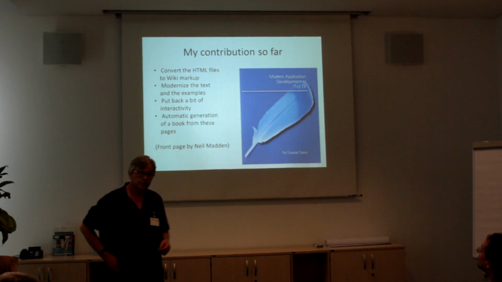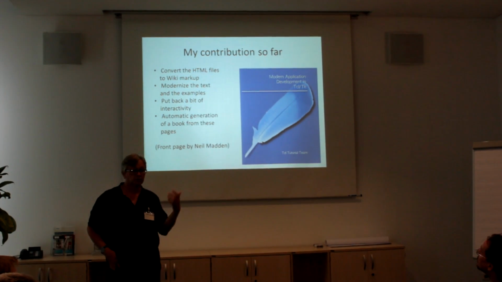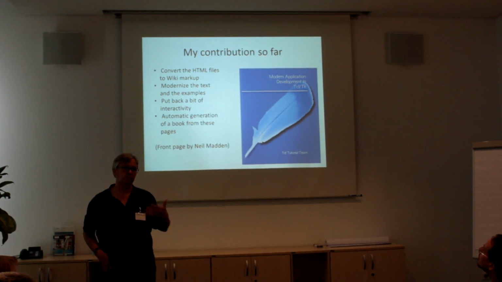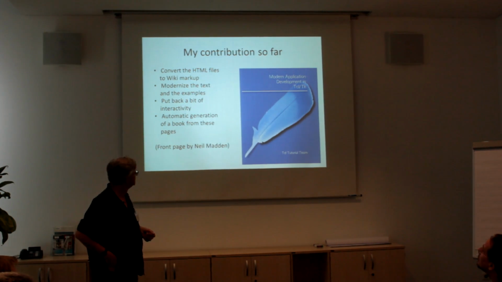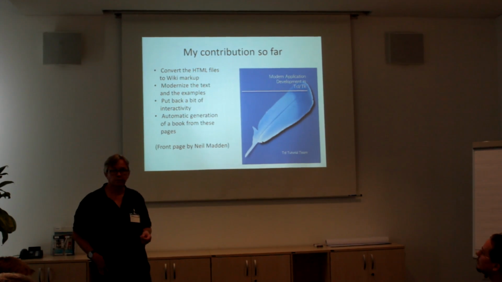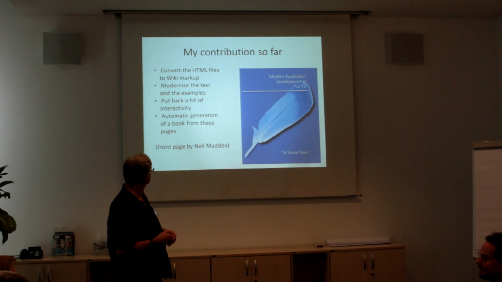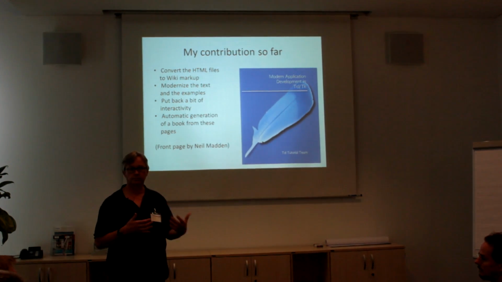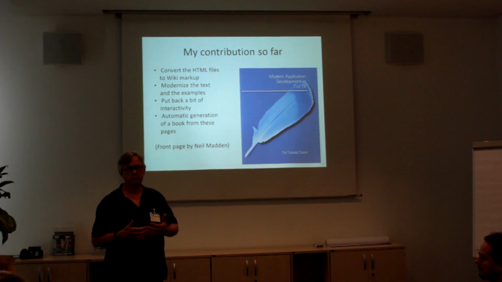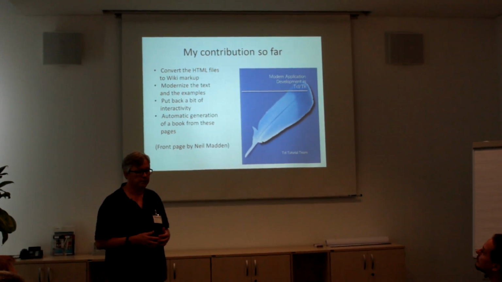So, what I've been doing up to now is convert all these HTML files to wiki markup. That seems to be a much easier way to maintain these pages. Even though the HTML was rather regularized over the past years, I went through the text and found that a number of examples were outdated, different styles used than what we use today.